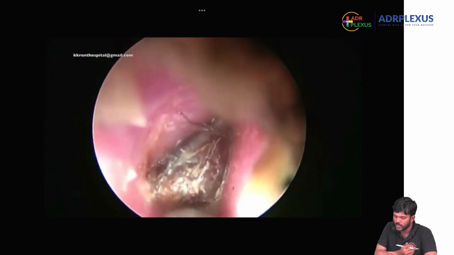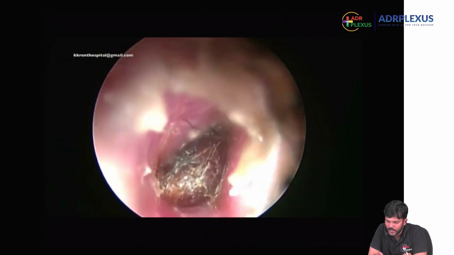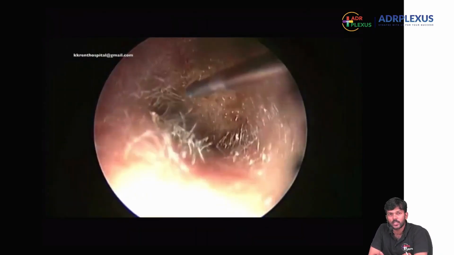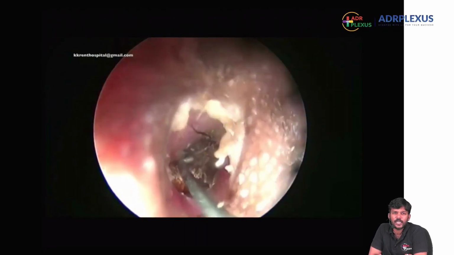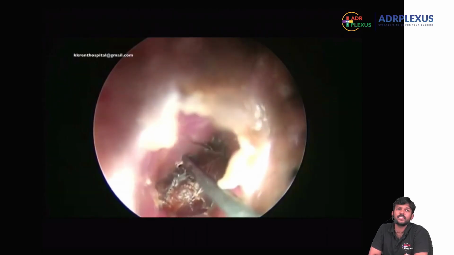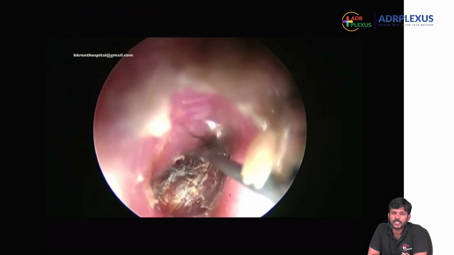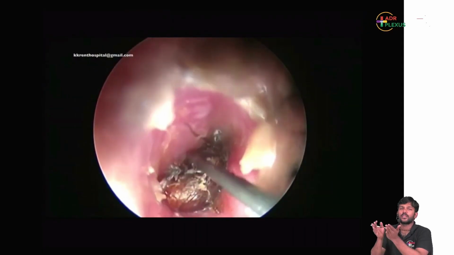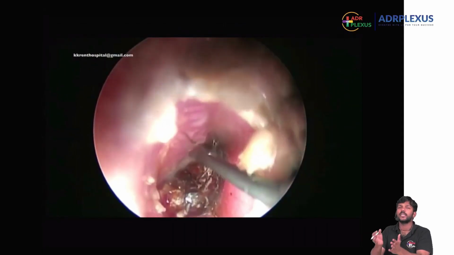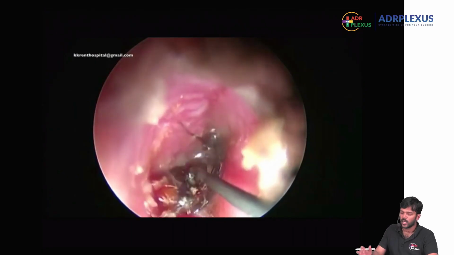Can you see? This beetle is present just near the tympanic membrane, at least 6 millimeter lateral to the tympanic membrane. This is the area where a foreign body in the external canal gets lodged.